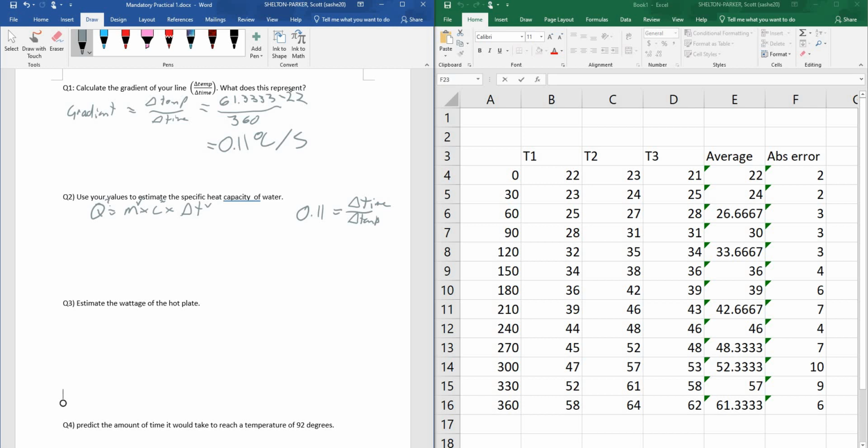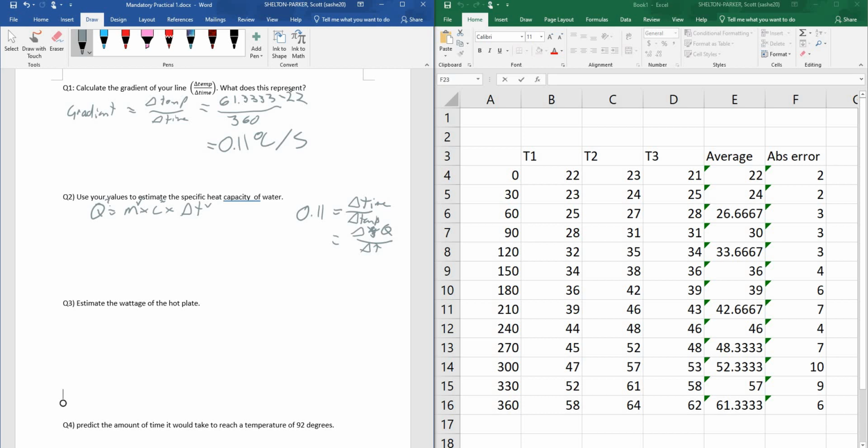It's how many joules are going in per second. So change in time is really a change in joules, isn't it? So could I then therefore say that 0.11 is really the change in joules, or the change in Q, over the change in temp?